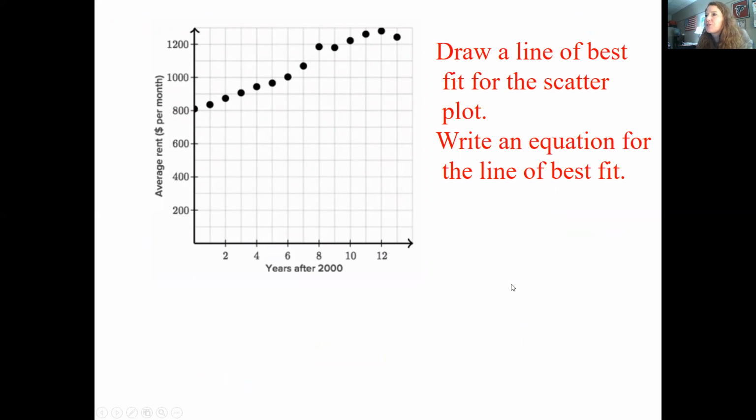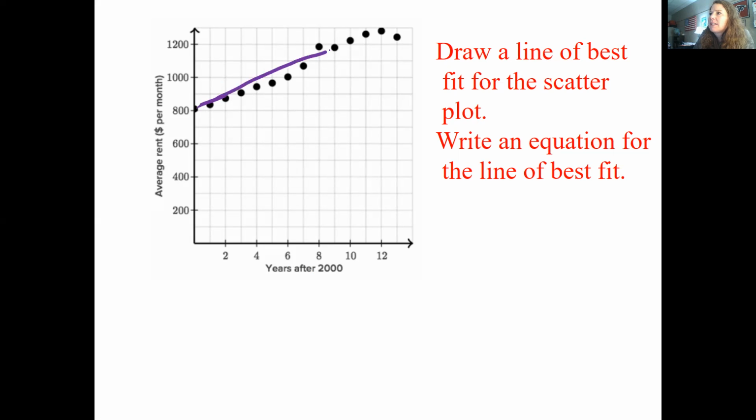All right, here's a good question. We have the average rent per month and years after 2000. We're going to draw a line of best fit for the scatter plot, and then we're going to write an equation for the line of best fit. So be careful when you draw your line. Let's try to draw it as good as we can.